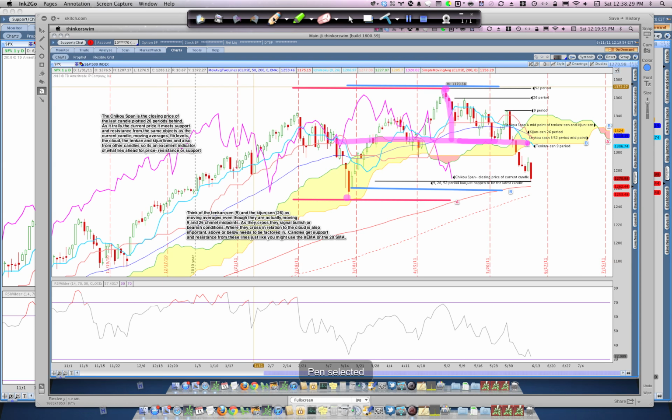The only way that point is going to change up or down is if we get a new high or a new low. So as we were ticking along from here to here to here, we're not forming new highs and we're not forming new lows.